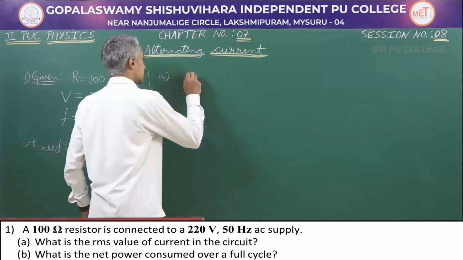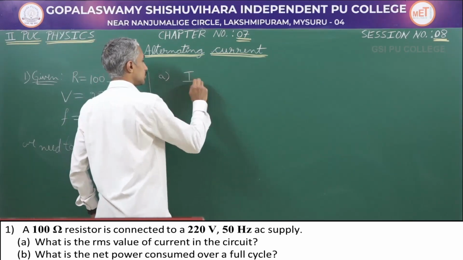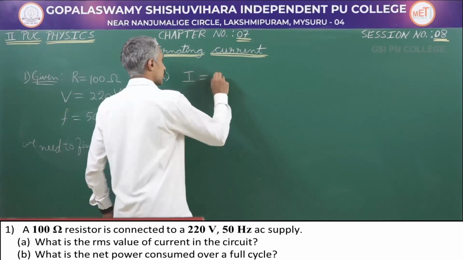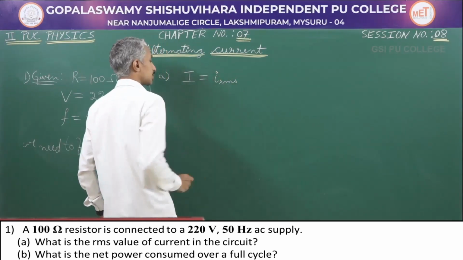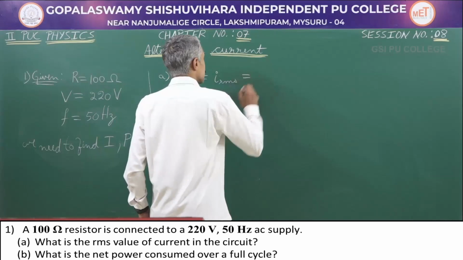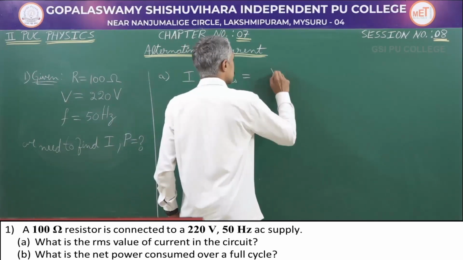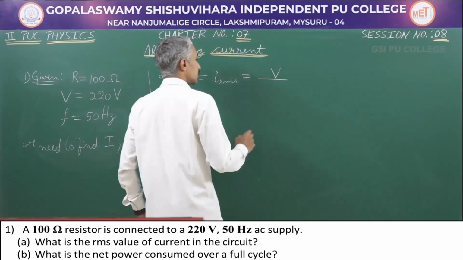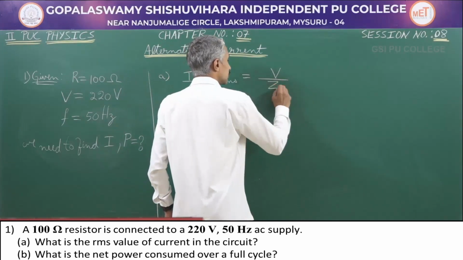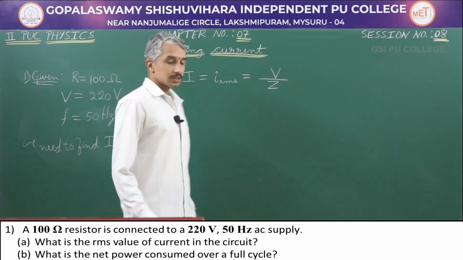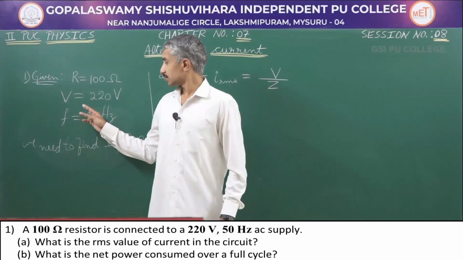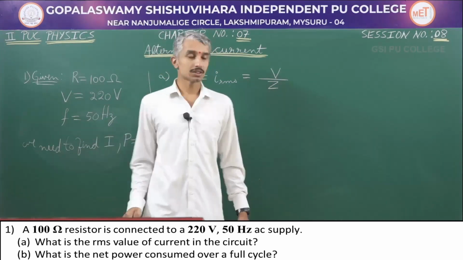The RMS value of the current, which you can also note down as small I subscript RMS, is going to be equal to the RMS value of voltage divided by the impedance, as the AC circuit contains only a resistance.